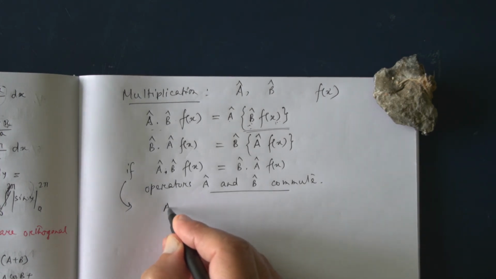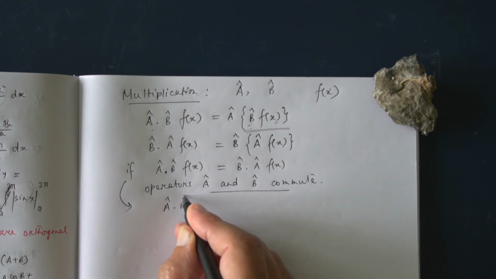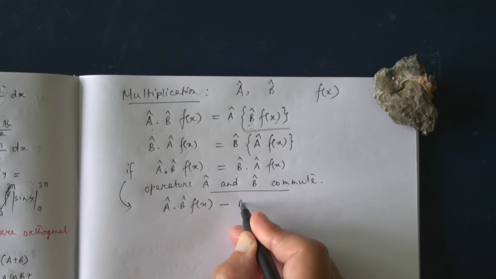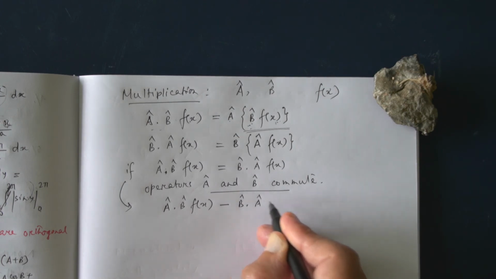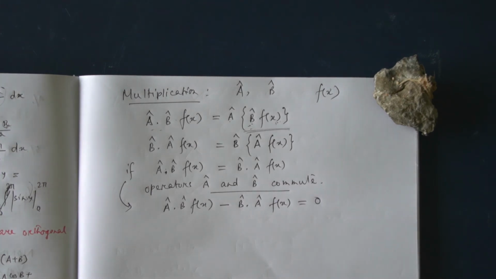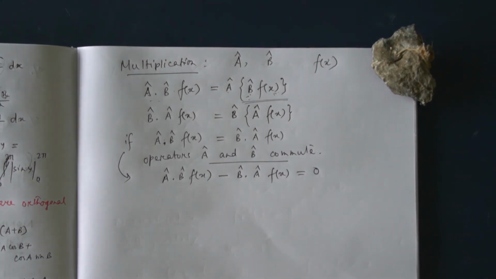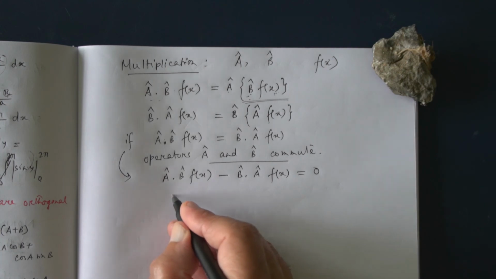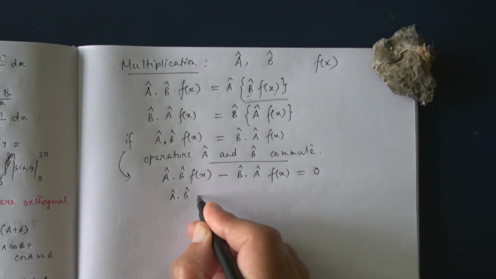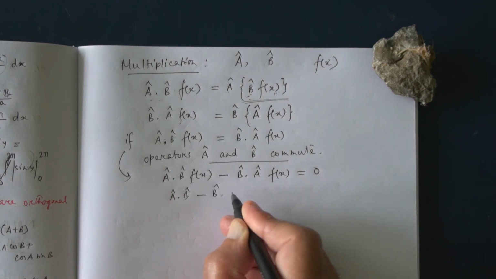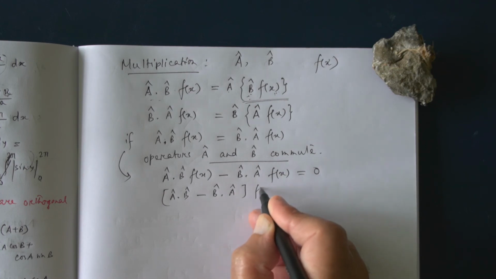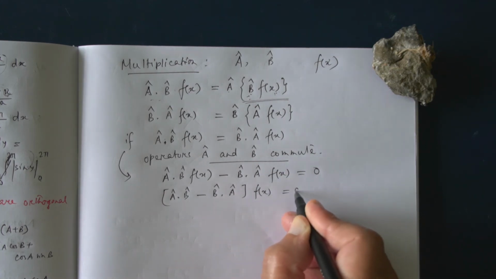So AB f(x) minus BA f(x) equal to 0. I can write like this, or I can write like this, say AB minus BA f(x) equal to 0.